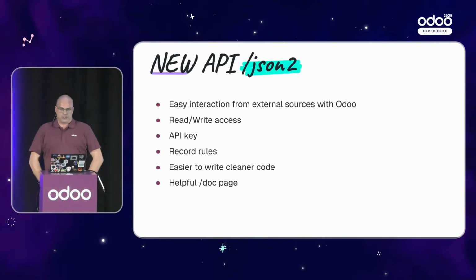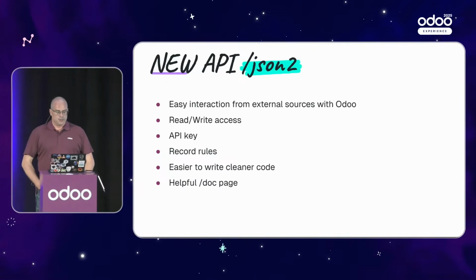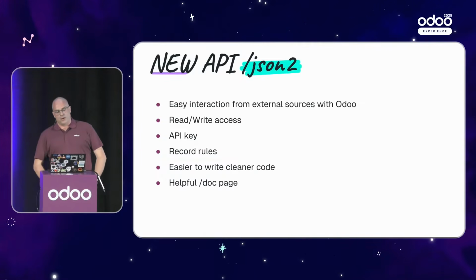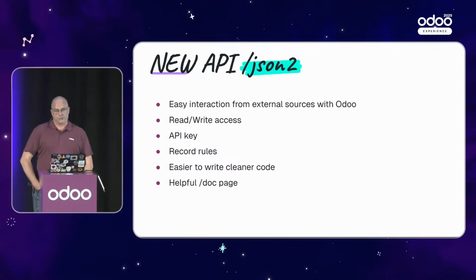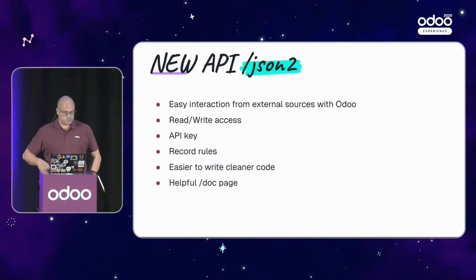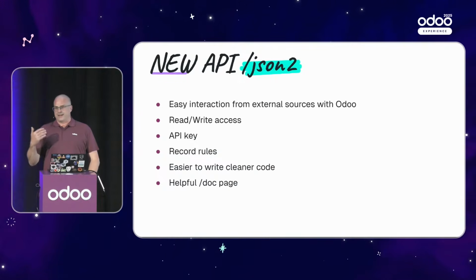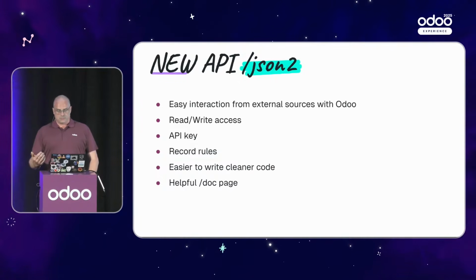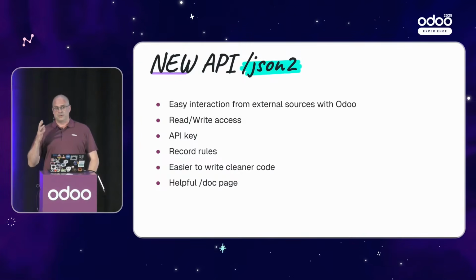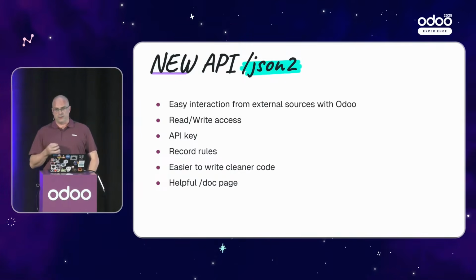So what's new with this JSON tool? You get an easy way to interact from external sources with Odoo. You have read and write access to objects. Of course, the system strictly follows the record rules.